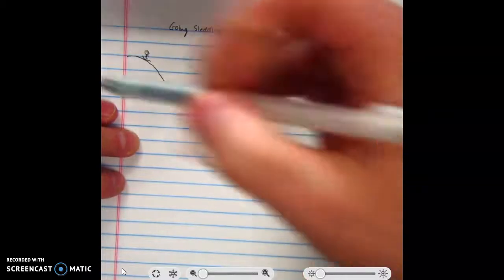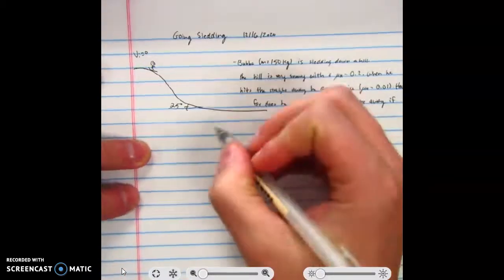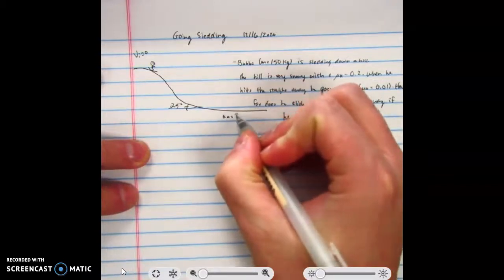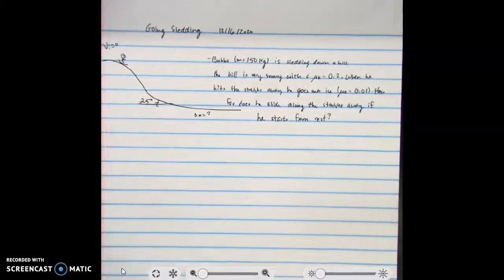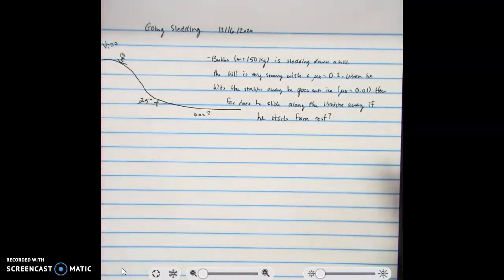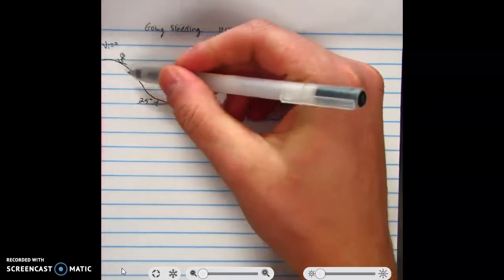So he's way up here. He's starting from rest, so V initial equals 0. And our end goal is figuring out delta X, how far he goes. This is going to involve using our friction force, so using forces and using motion. We've done hill questions like this before.